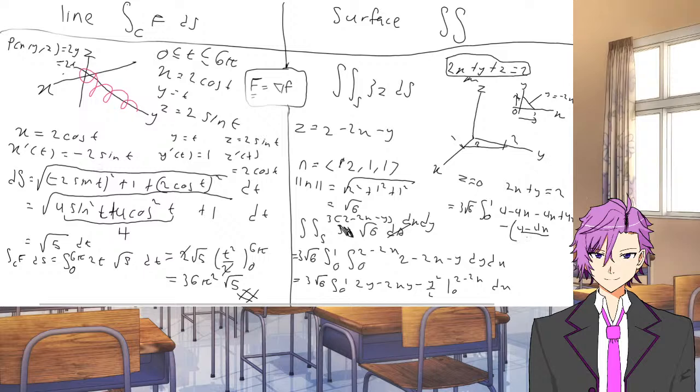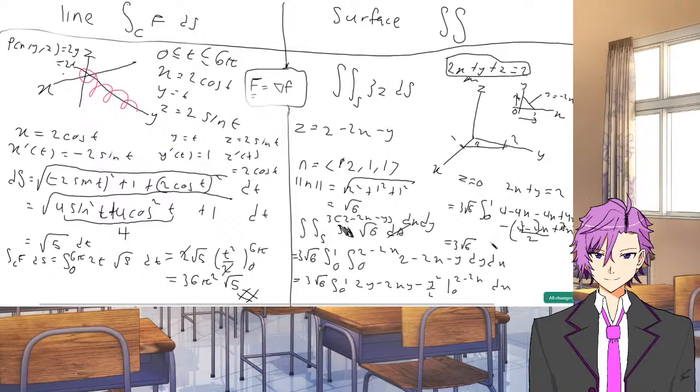So we'll do in parentheses 4x squared over 2. Anything else? 3 square root 6. So this would be 2, this would be 2, this would also be 2.